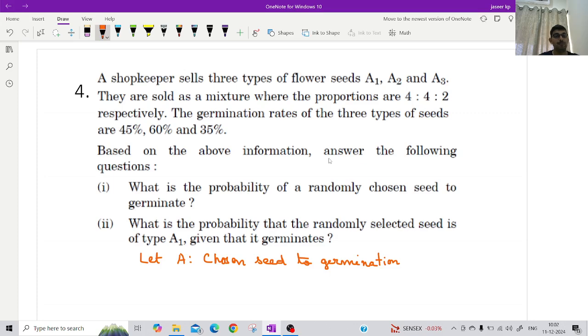So now what are the different types of seeds? That is E1, E2 and E3. E1 is seed of type A1 is chosen.